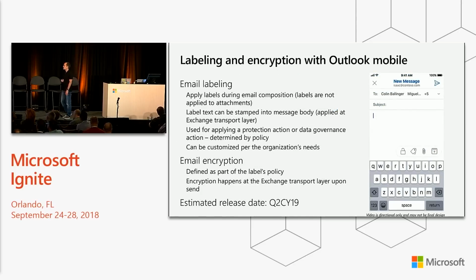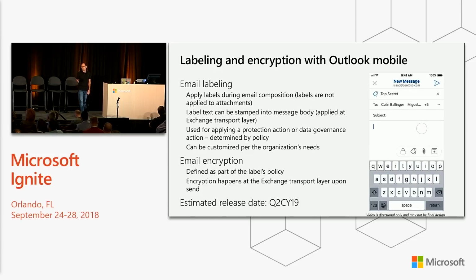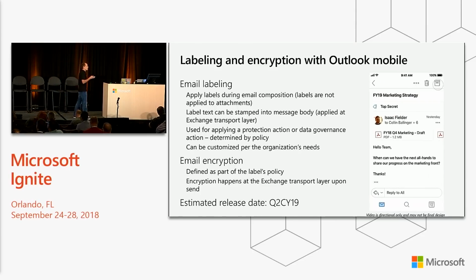How we're investing this in Outlook Mobile is we're adding the ability to define the sensitive label on the emails during composition. Not only during composition, but you can see what messages have been labeled when you're reading those email messages. In terms of the policy-based actions, those policy-based actions that the label defines are triggered during the transport flow.